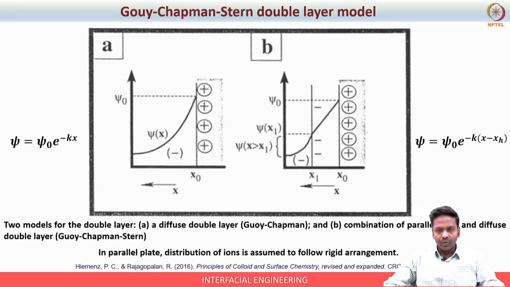So the Gouy-Chapman-Stern double layer model is given here.